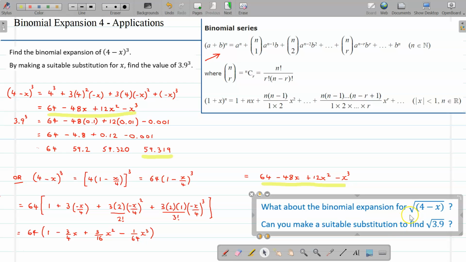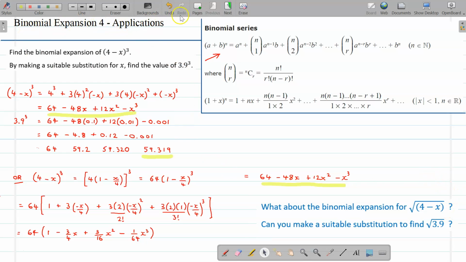Here, it's asking us to do the expansion for the square root, and then to use that to find the square root of 3.9. Well, 4 minus x square rooted is the same as doing 4 minus x to the power of a half. And that's what we're going to look at next. And for that, we have to use this version here. Okay, on to the next screen.